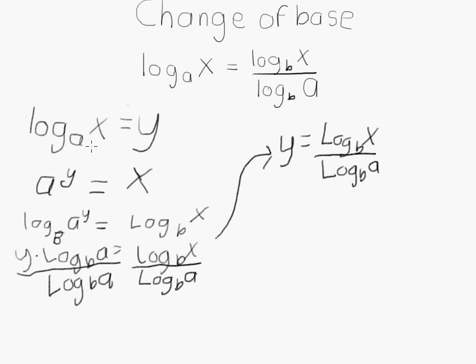At the very beginning we said log base a of x is equal to y, so through simple substitution, instead of y, I'm going to substitute back in log base a of x. And we're going to say that is equal to this entire amount, log base b of x over log base b of a. And there's the proof.